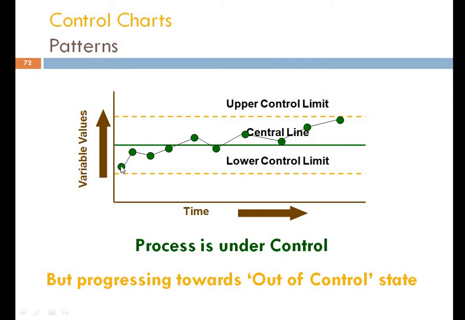But अगर हम trend follow करें, so trend follow करने पे what we are getting, the weight or the height or any quality parameter जिस पर हम quality को check कर रहे हैं, it is continuously increasing. So at one point of time it will jump out of the upper control limit, यानी beyond control limit चला जाएगा and it will rise to the out of control state. So this is one thing very important that is being depicted by the control charts, that process is now under control, but it is moving or progressing towards out of control state.